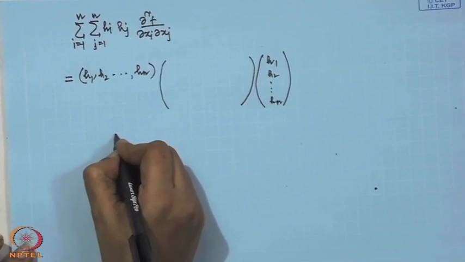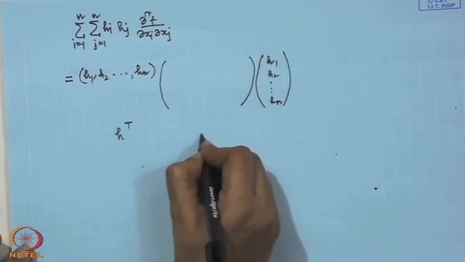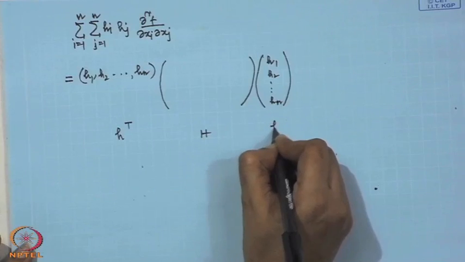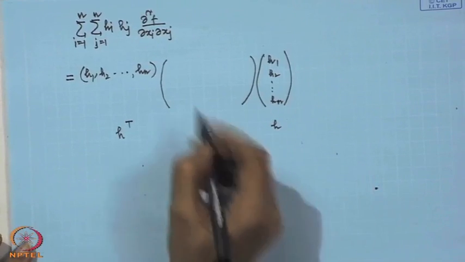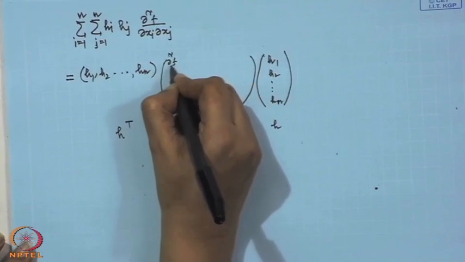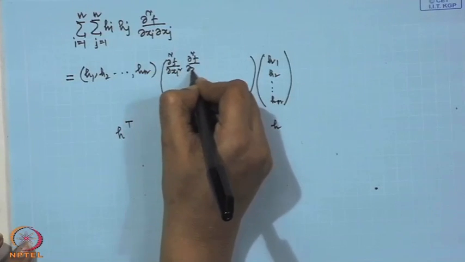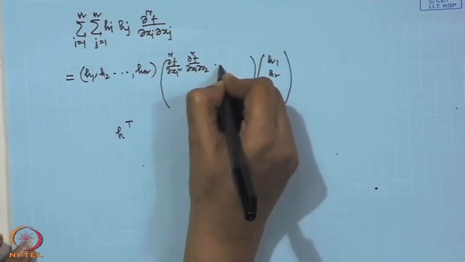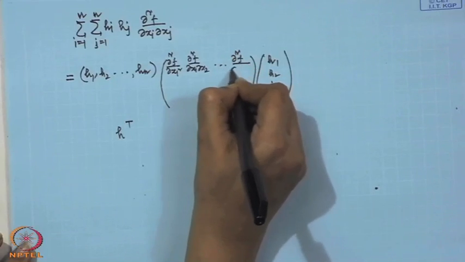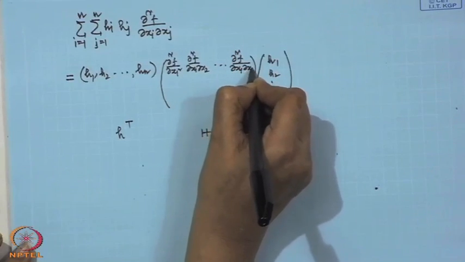That is why this takes the form h transpose A h, as I showed you, and this A is in the form of del 2 f by del x1 square, del 2 f by del x1 del x2, and so on up to del 2 f by del x1 del x n.